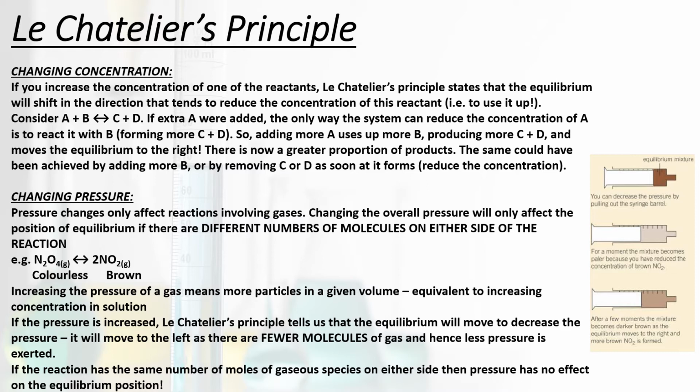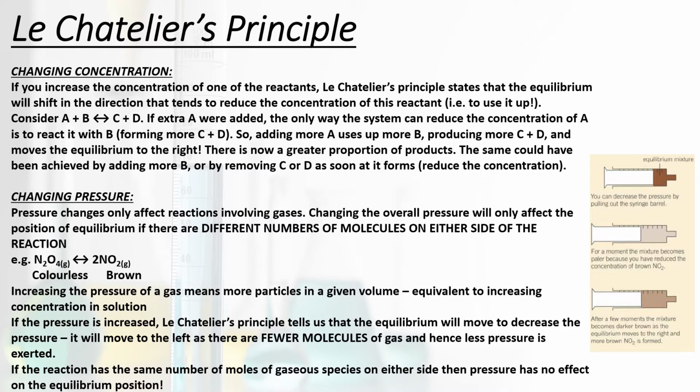Another example is to look at changing the pressure. Now, pressure changes only affect reactions that involve gases. So changing the overall pressure will only affect the position of an equilibrium if there are different numbers of molecules on either side of the reaction. So pressure is only important for two cases, where we have a gaseous reaction, where everything is a gas, and if we have different numbers of molecules, different numbers of moles, on either side of the reaction.